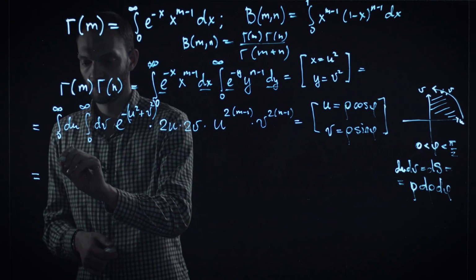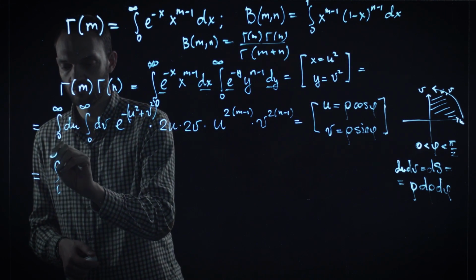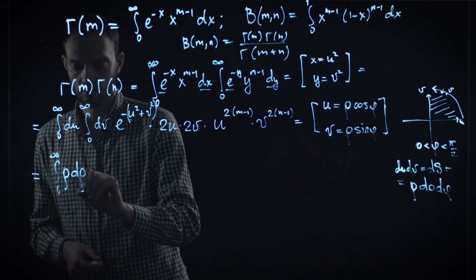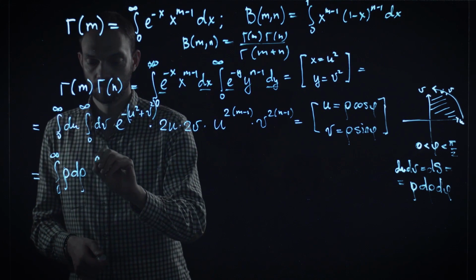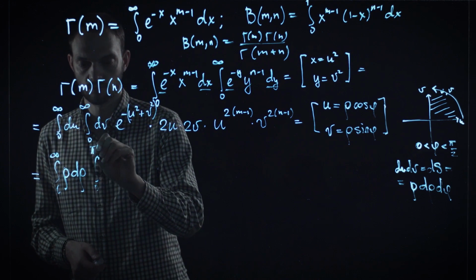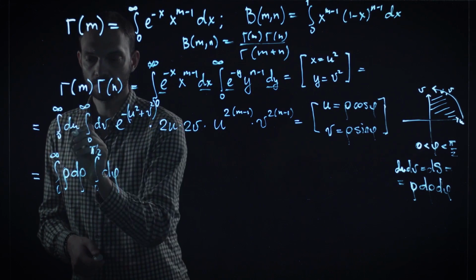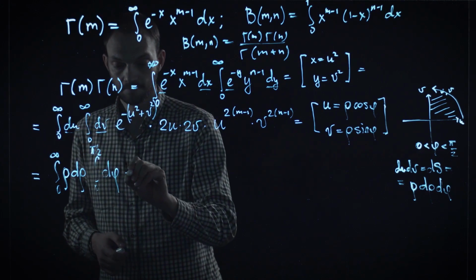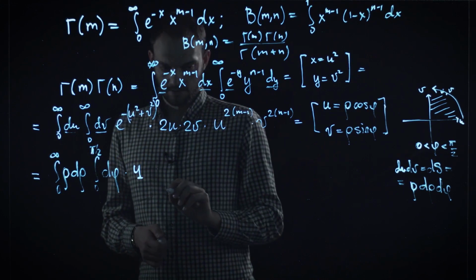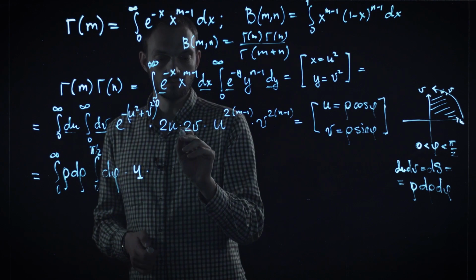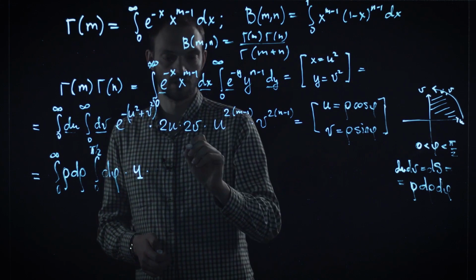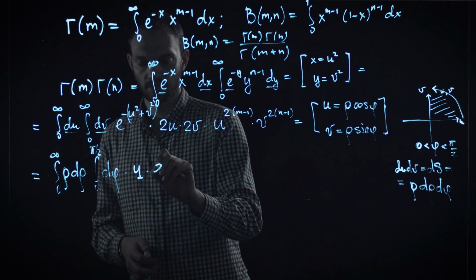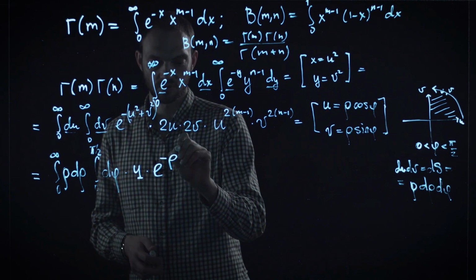So having this in mind, we write down the integral from 0 to infinity of rho times d rho, then the integral from 0 to pi over 2 of d phi, and this is just the measure. Then we have 4 times this UV, and some certain powers of U and V will be presented in the next step. Now this is nothing but rho squared.